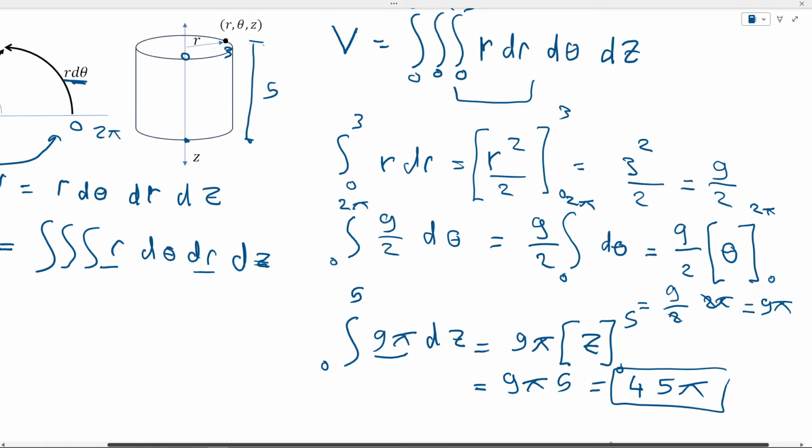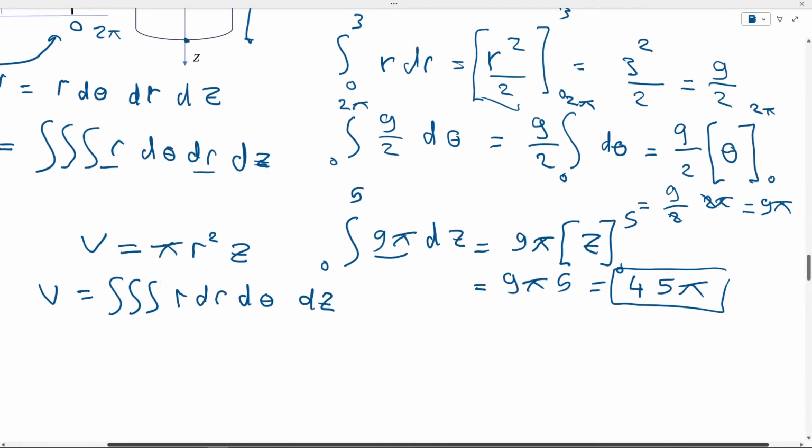And if we did this as an indefinite integral, guess what we're going to get? For the integral of r d theta dz, for the r integral I will get r square over 2, for theta I will get theta, and for dz I will get z.